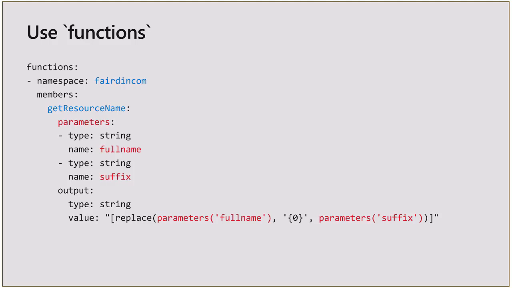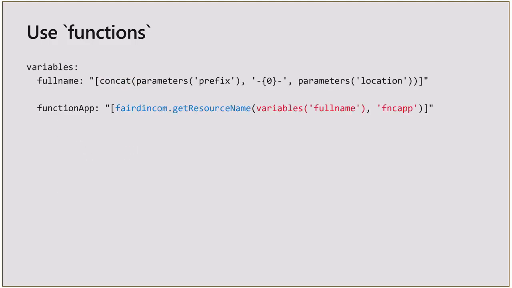Within the variable section, we have a value. If you are following some kind of naming convention when defining Azure resources, then those resources have very similar names, with slight differences. Here, for example, we have a full Azure resource name, and we pass that name with some variations through the function.